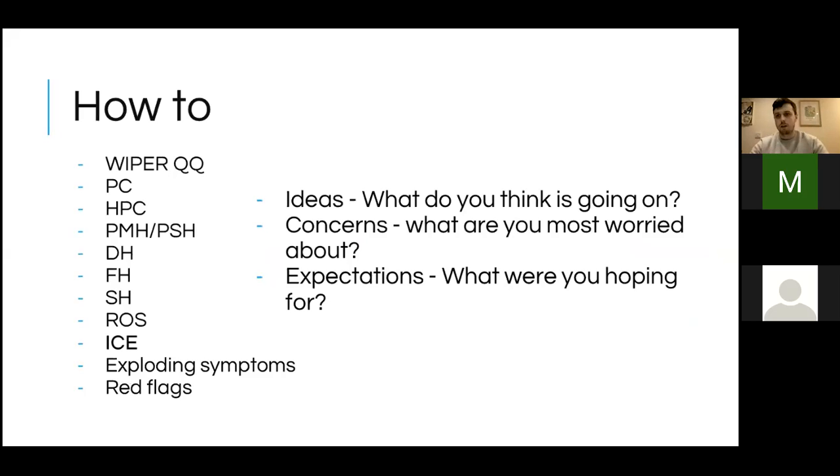For example, if somebody's got COPD and they come in short of breath and you ask them, what do you think's going on? They'll say, it's just like my normal exacerbation of COPD. And that's really helpful on steering your management plan. So really important to ask, what do you think's going on? Lots of times the patient will give you a really good answer.